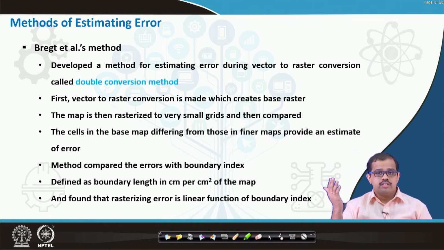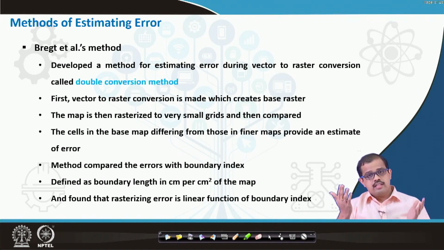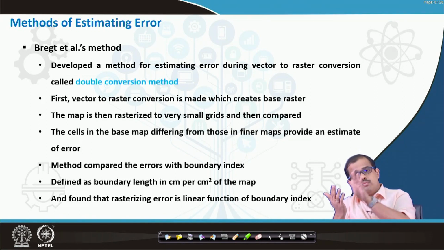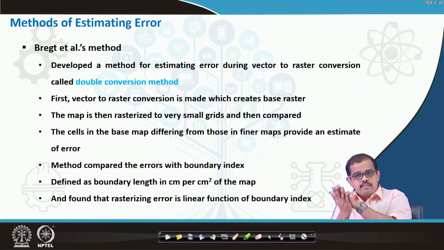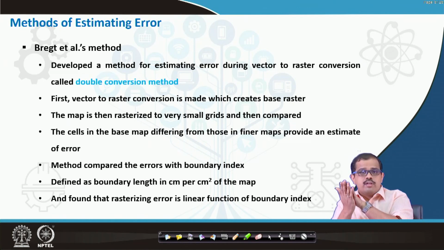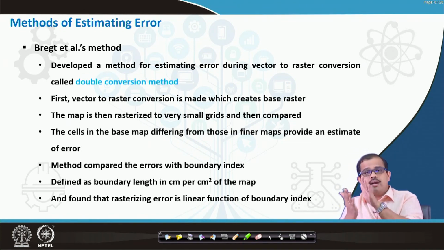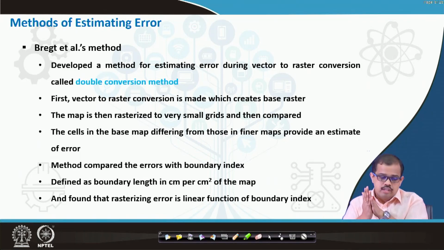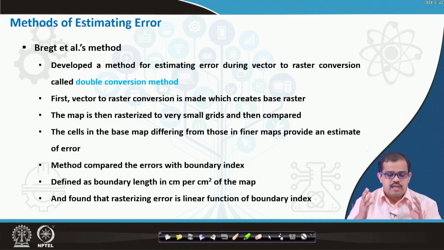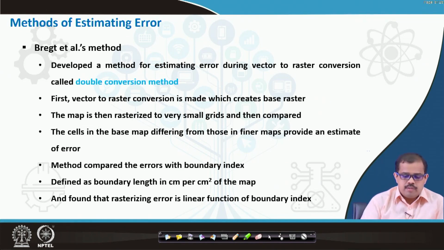The base vector is then rasterized. So, whatever your base raster is, it is first created, then you have a vector map that is converted into a raster map. Once you have a raster map, it is then converted into grids as small as possible and then compared with the base raster. Now, when we are comparing with the base raster, the cells in the base map differ from those in the finer map.